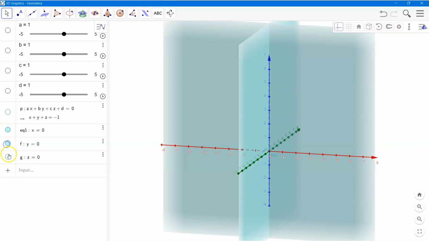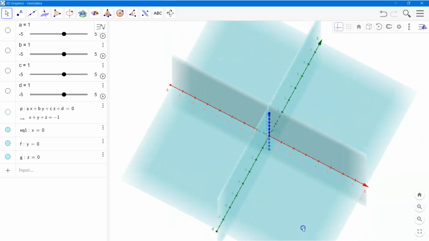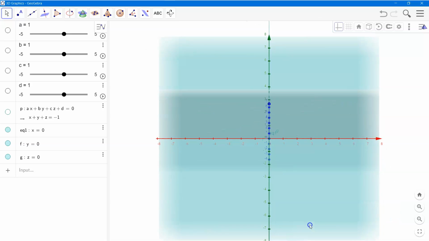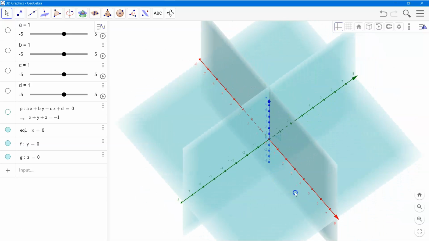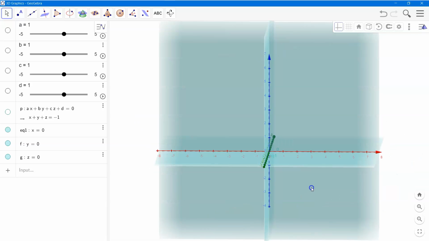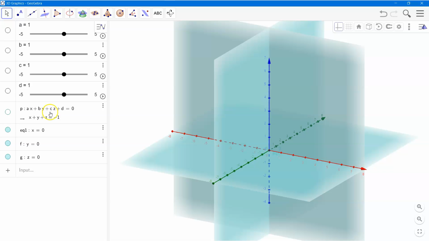Now if I display the planes, yes, which means in a three-dimensional coordinate system you will have 8 quadrants, 4 on top and 4 on the bottom. So one of the ways in which you can show the equation of a plane is ax plus by plus cz plus d equal to 0.